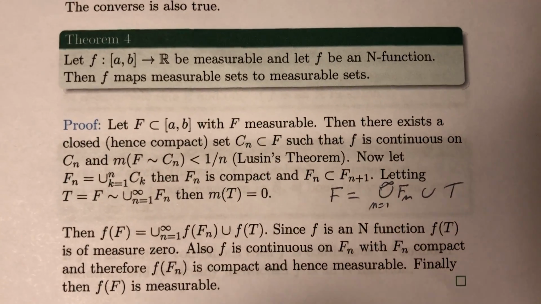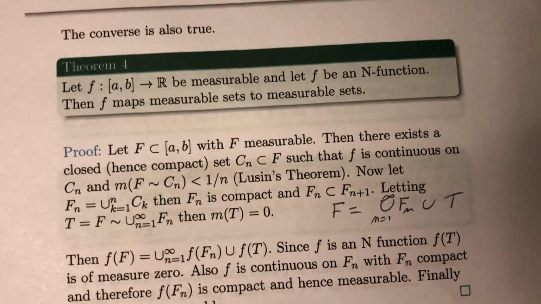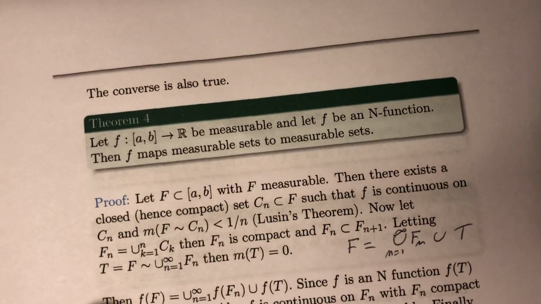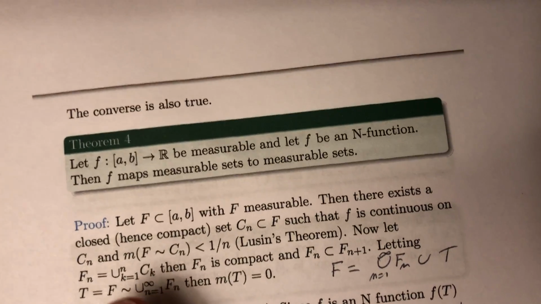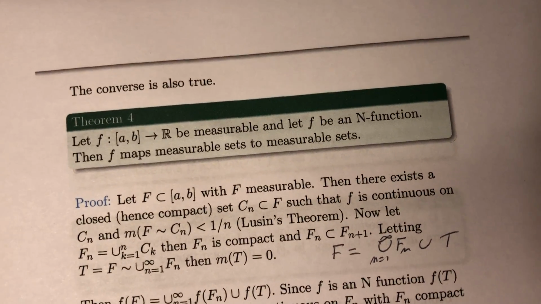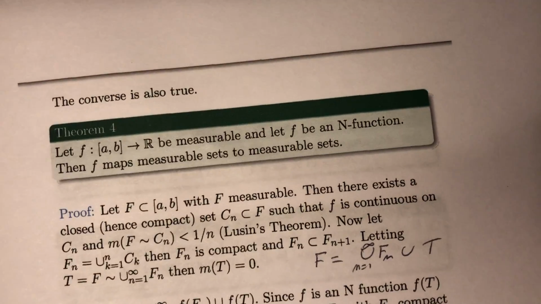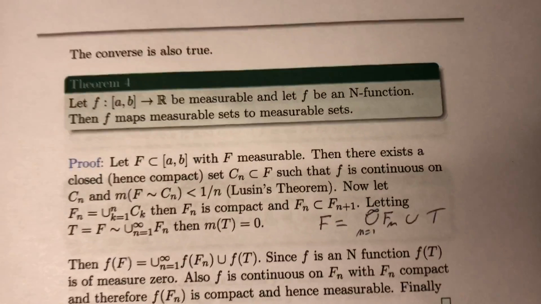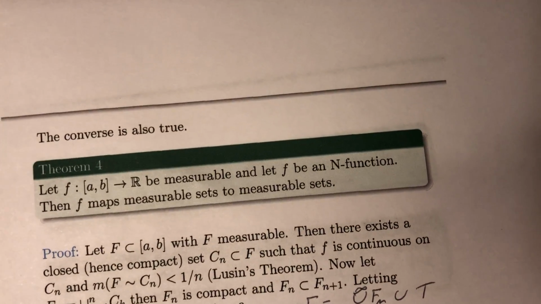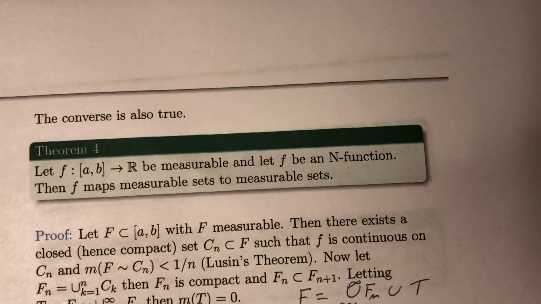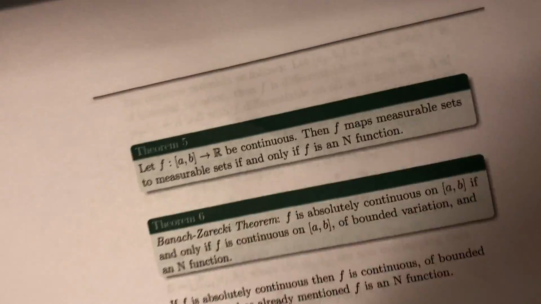And it's known that compact sets are closed, and all closed sets are measurable. So this says that if f is an N function, then it maps measurable sets to measurable sets. To me, that's kind of interesting, because that's not always the case that functions will do that. But now we know from this theorem that an N function will map measurable sets to measurable sets.